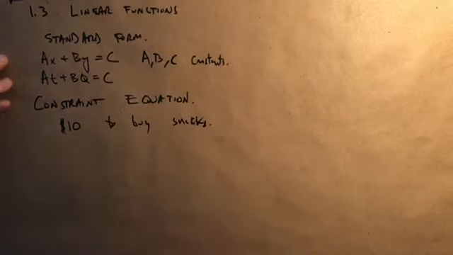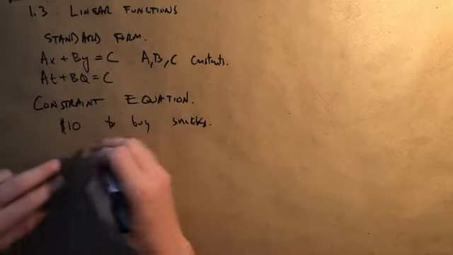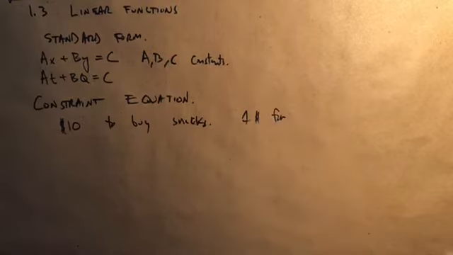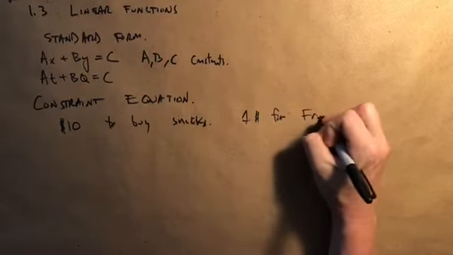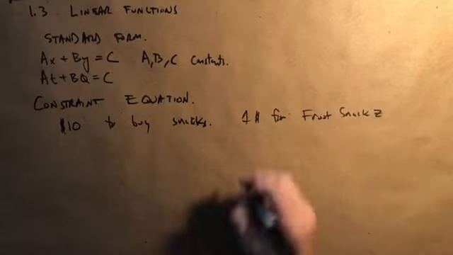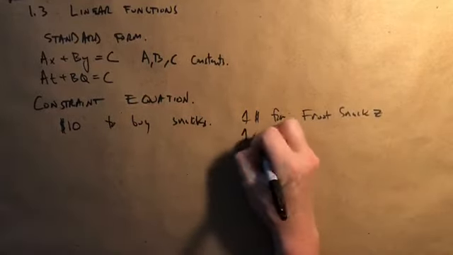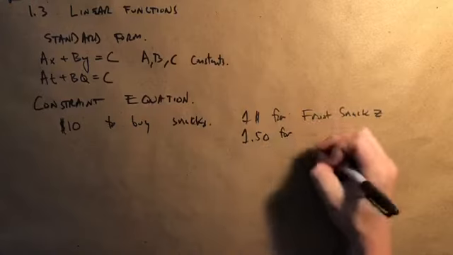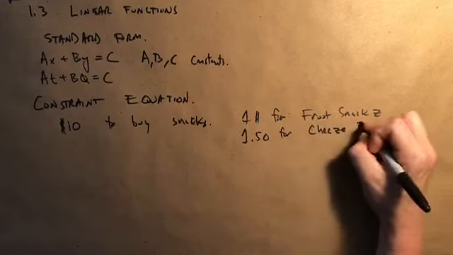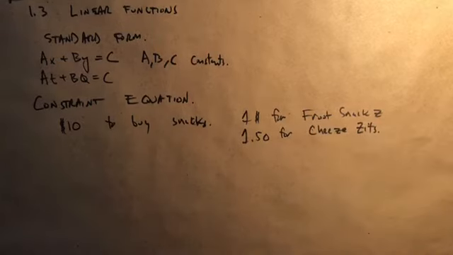Okay? So if I'm going to spend $10 to buy snacks, we can have $1 for fruit snacks, or $1.50 for Cheez-Its. They're disgusting. And the idea is we're going to spend all of our $10 here.